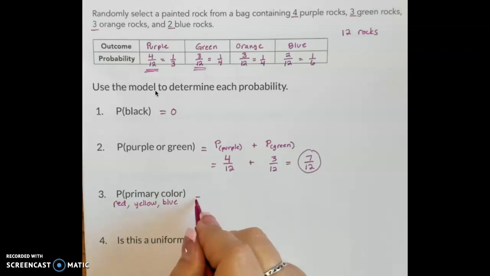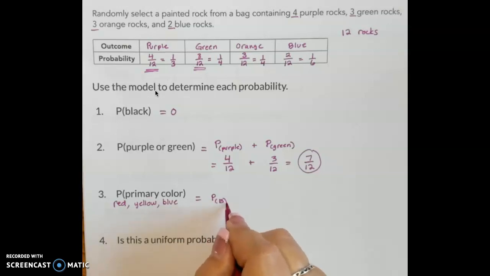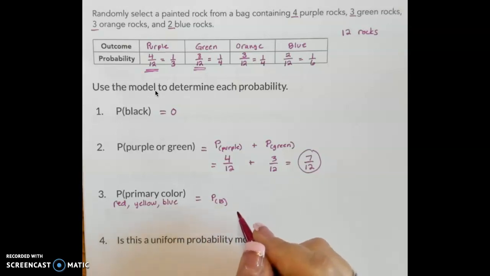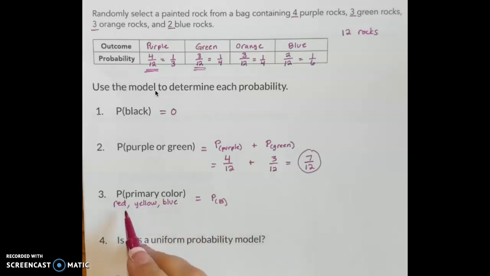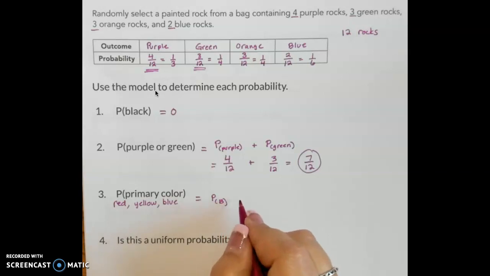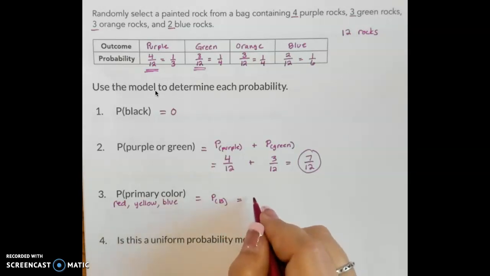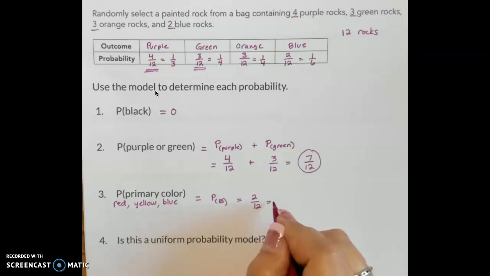Okay, so we have probability of blue, and guess what? We don't have red or yellow. So the probability of picking a primary color is simply going to be equal to the probability of choosing blue. So our probability is 1/6.